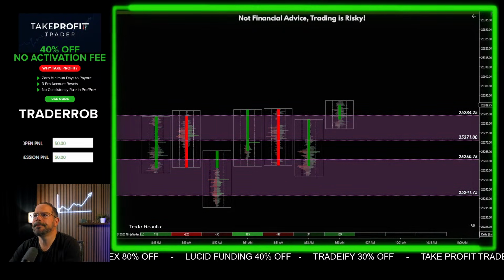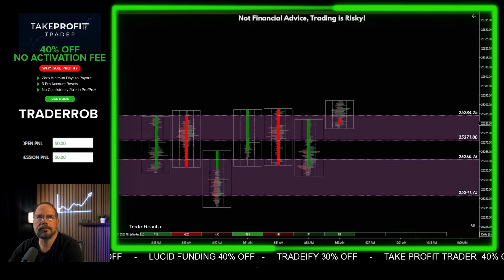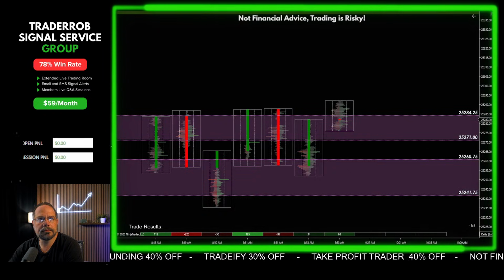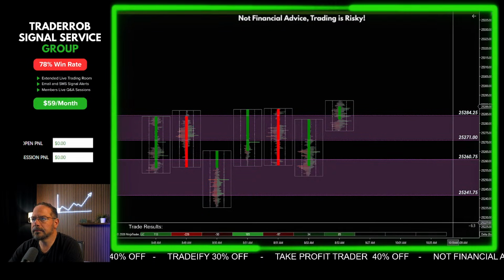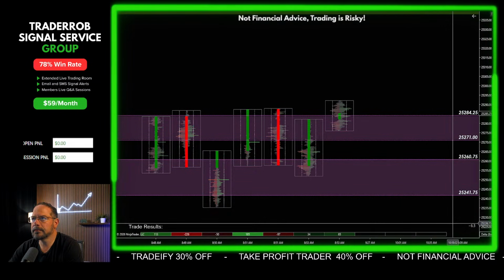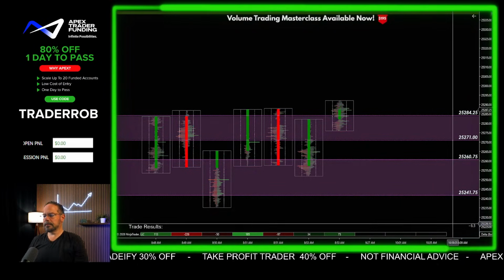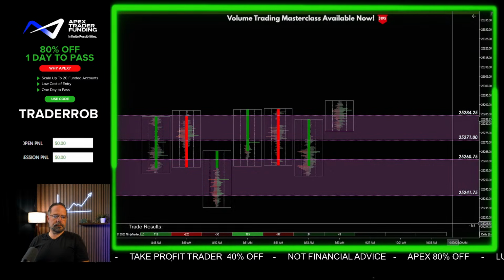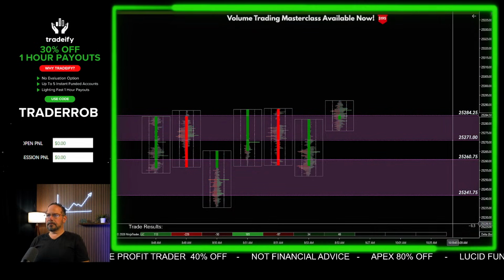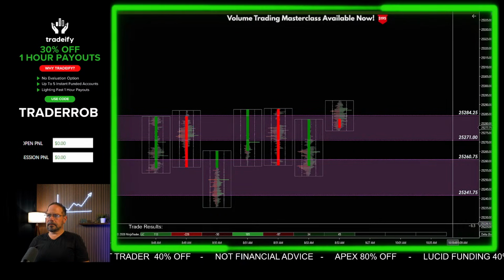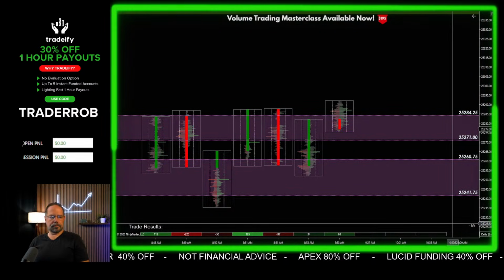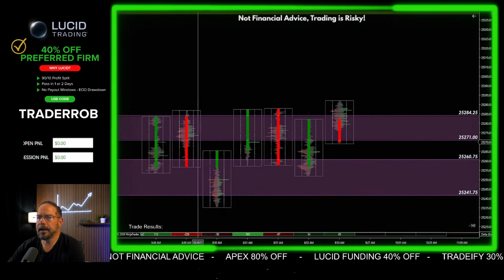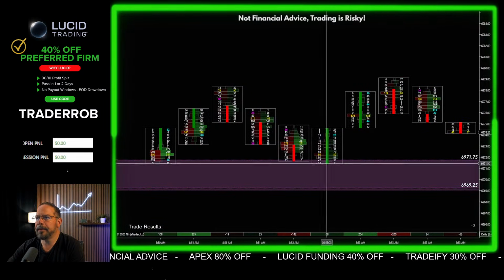All right, back on the NQ. I'm a little more inclined on the shorts just because you could see here how we did tap right back into it.